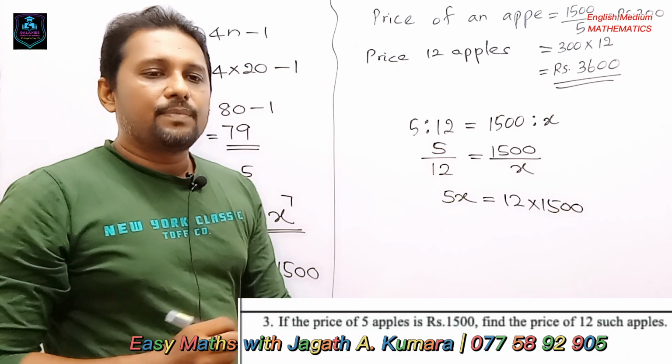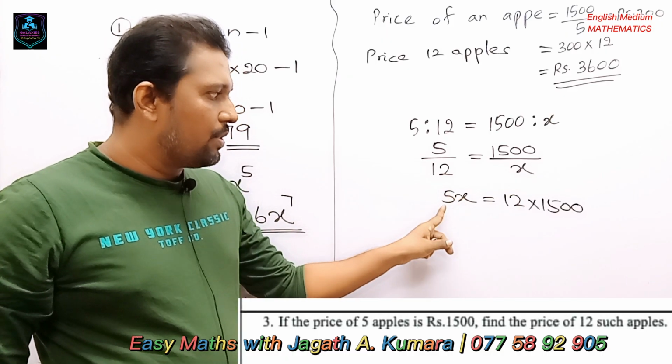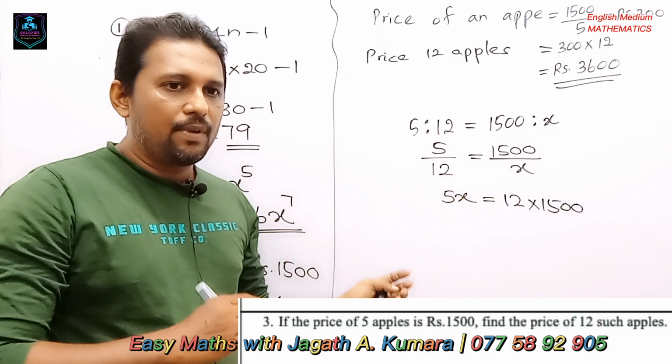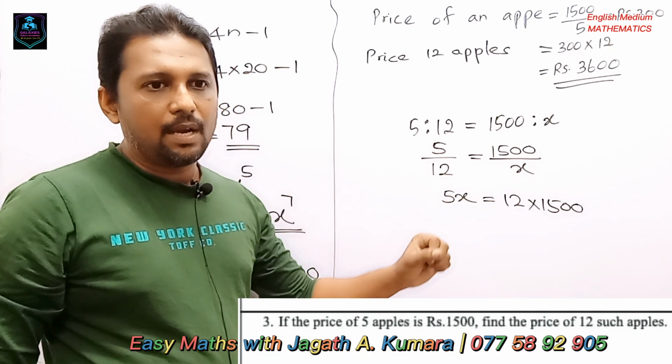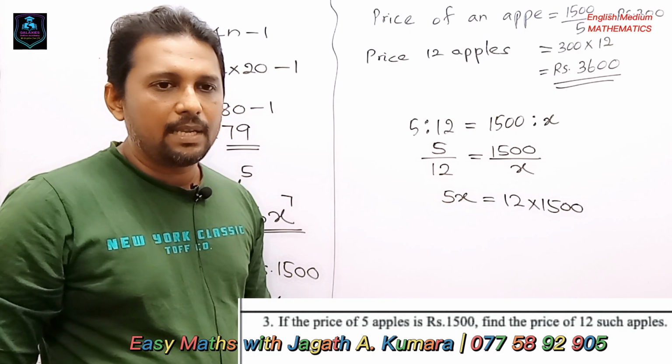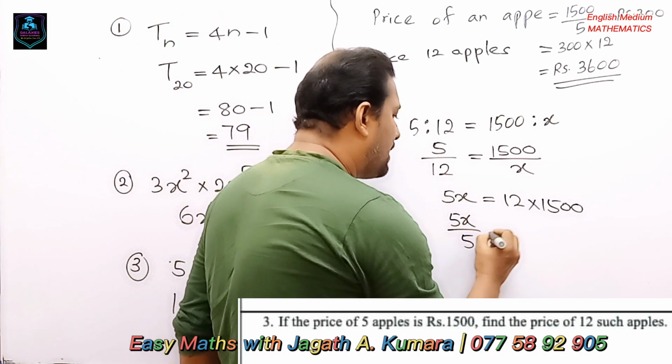Then this is a simple equation, right? To find x you have to remove this 5. 5 and x are connected with multiplication. To remove 5, what do you have to do? Divide both sides by 5.